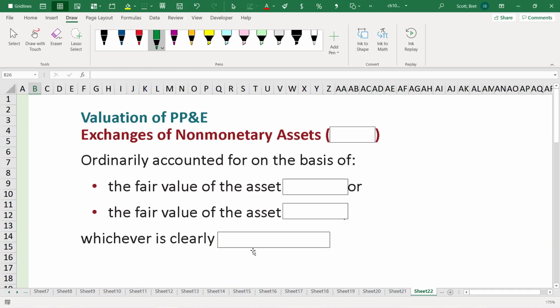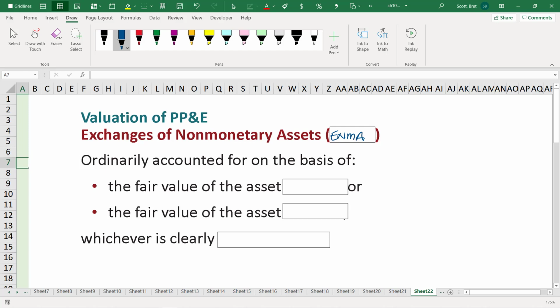Now, the more complicated one, or at least what people tend to view as the more complicated transaction, is an exchange of non-monetary assets, or what I like to call ENMA. Exchange of non-monetary assets, ENMA.